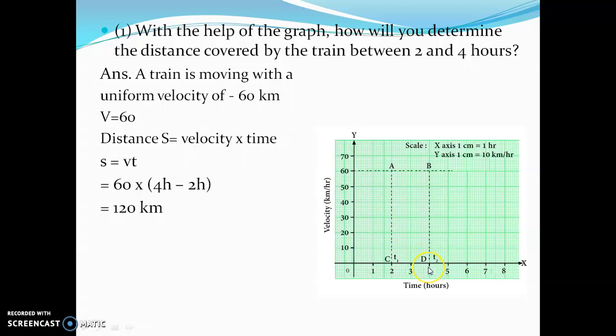Now we have to find the time interval between 4 hours and 2 hours. Therefore, final time 4 hours, initial time 2 hours, that is 4 minus 2 is equal to 2, and then 60 multiplied by 2 is equal to 120 kilometers. So the distance covered by the train is 120 kilometers.